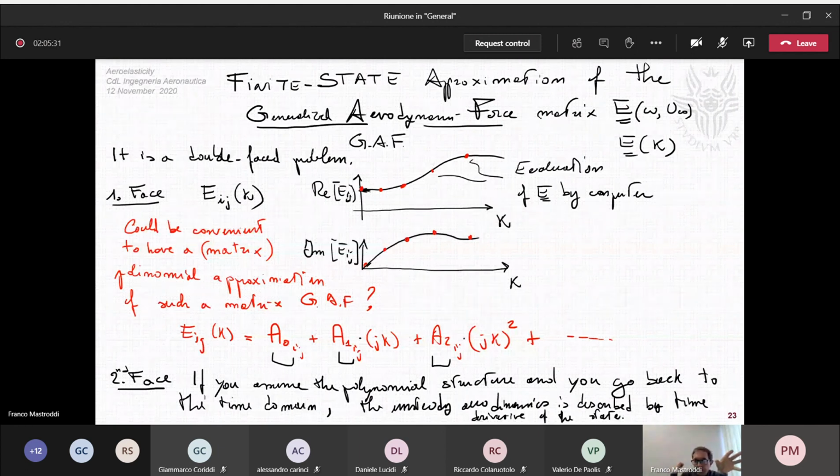Okay? This is very interesting. So we may approximate our state aerodynamic with a finite state aerodynamic with a higher order of differentiation, fitting the fact that we have an infinite memory in our system. And that's all. Stop here. See you next week.